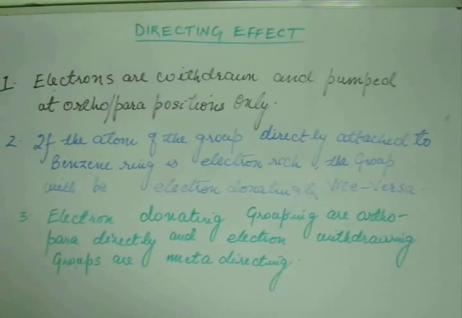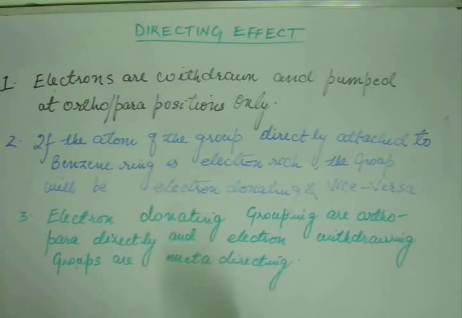Next, you need to understand how, given a group, you would identify whether that group is electron withdrawing or electron donating, or electron pumping. Based on this characteristic you will be able to find the position of the next incoming electrophile.